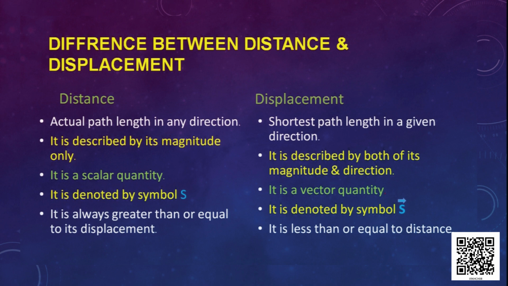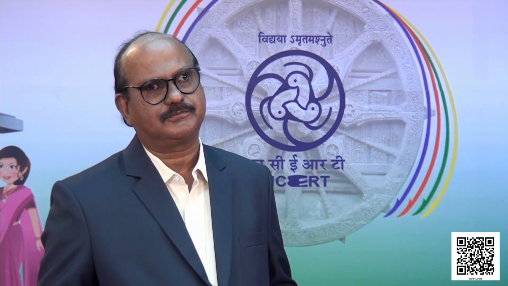Then distance is always greater than or equal to its displacement. Of course, I will come to this conclusion later on. On the right side, I have mentioned that displacement is less than or equal to its distance. So this is the basic difference between distance and displacement.